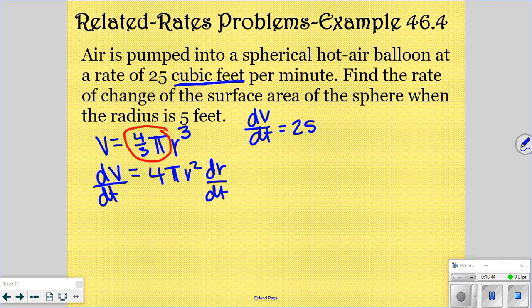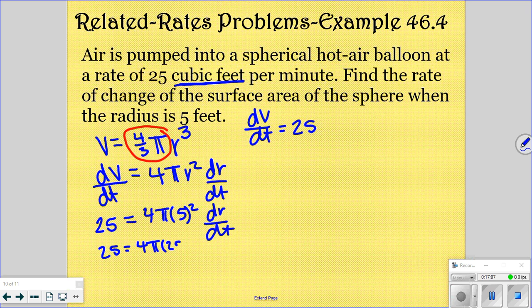Okay, so we can plug in 25 here, and it says when the radius is 5 feet. So 4 pi, radius is 5, and we don't know dr over dt, so we can find it. So 25 equals 4 pi times 25 dr over dt.